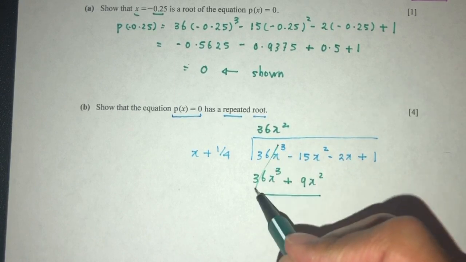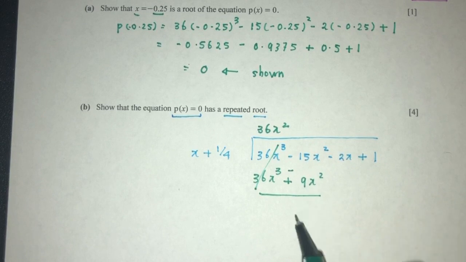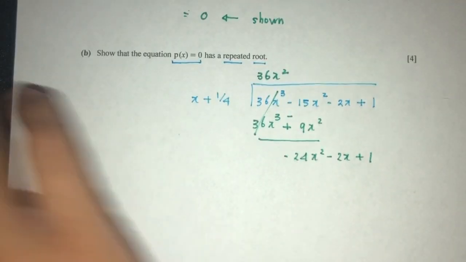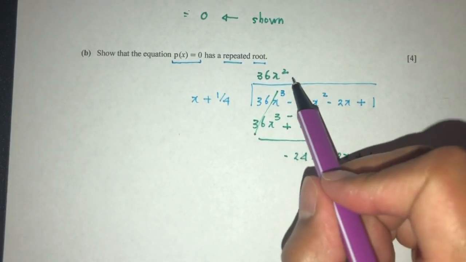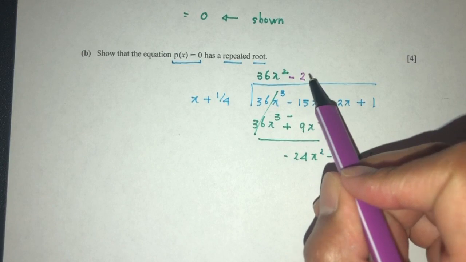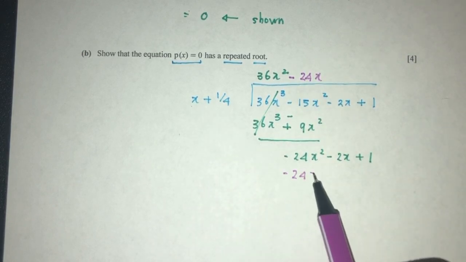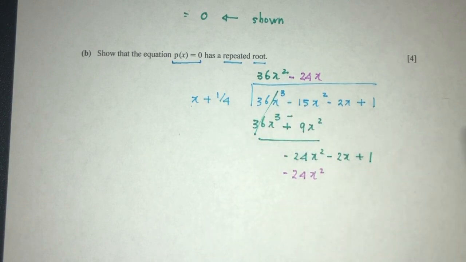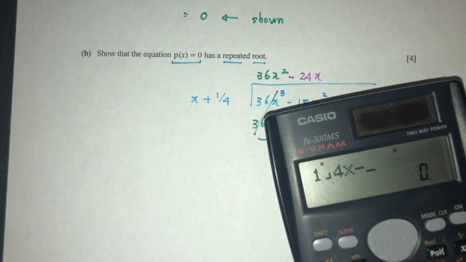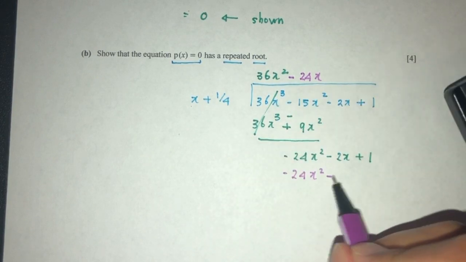This and this will cancel out, and here we have minus 15 minus 9 should be minus 24 x squared minus 2x plus 1. Now let's move on. So here we have minus 24x. So this can become minus 24x squared. And now here we have 1 over 4 times minus 24. That should be minus 6, so minus 6x.